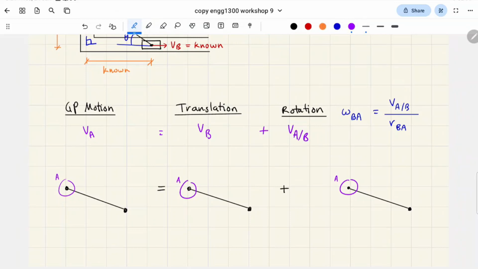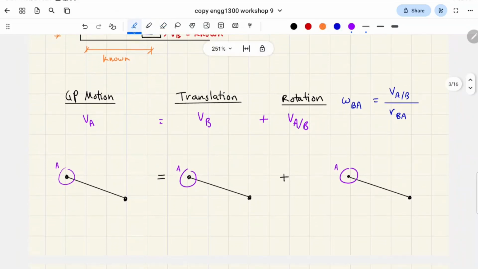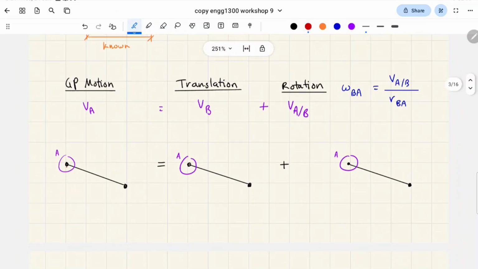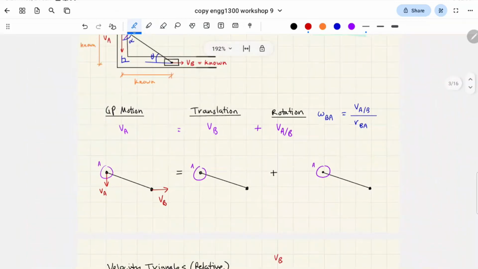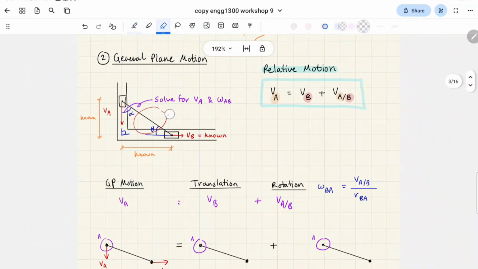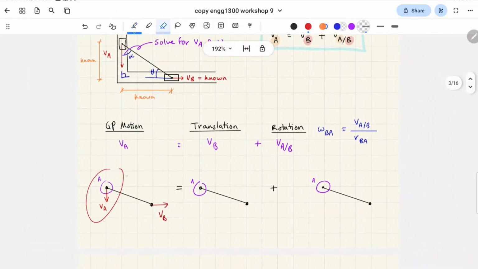You can think of general plane motion as the combination of translation and rotation, right? So pretty much in our setup, this is what's happening, right? We have our member AB, and at node A, it's sliding down. At node B, it's going to the right.